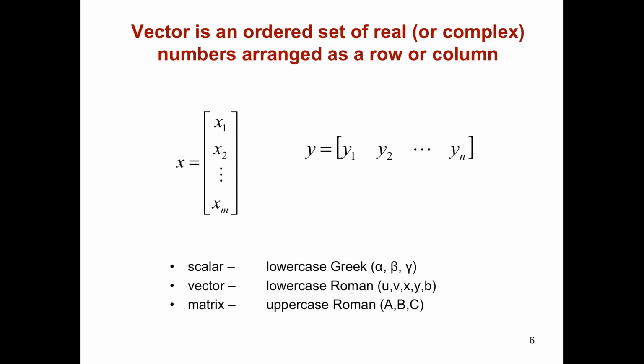Now, we will denote scalars as lowercase Greek letters, alpha, beta, gamma, and so forth. Vectors as lowercase Roman letters, u, v, x, y, b, and so forth. And matrices as uppercase Roman, just to visually differentiate them all. Though again, vectors themselves don't care how you call them, but naming is important to be able to quickly make sense of how you write things down.